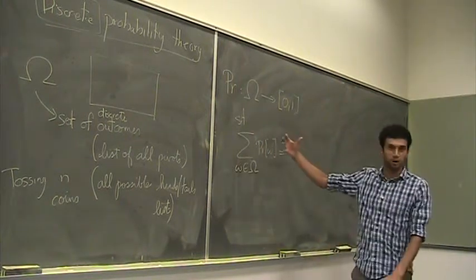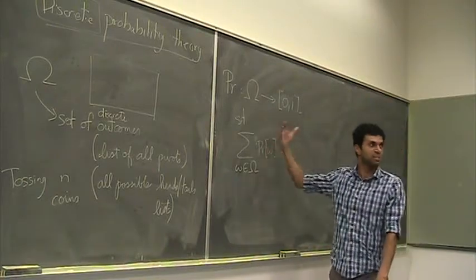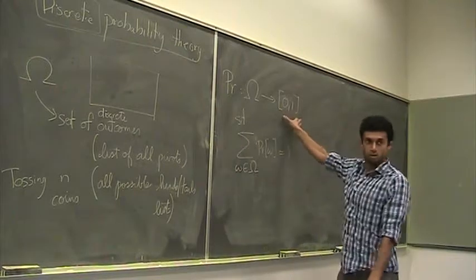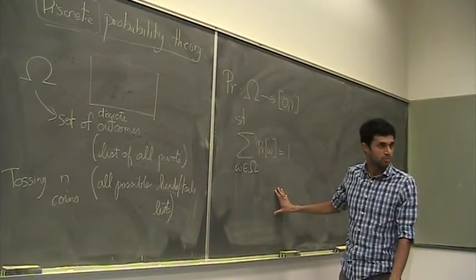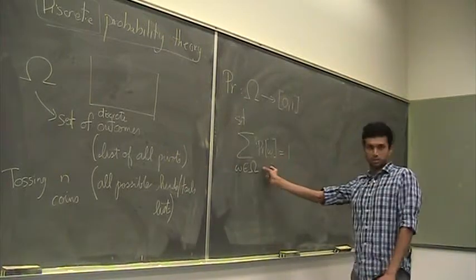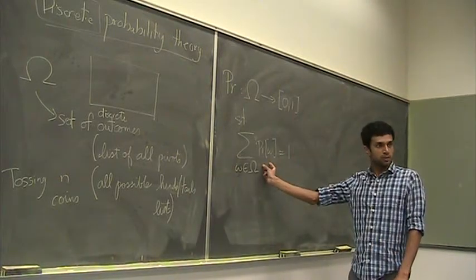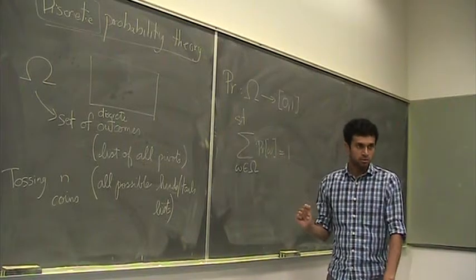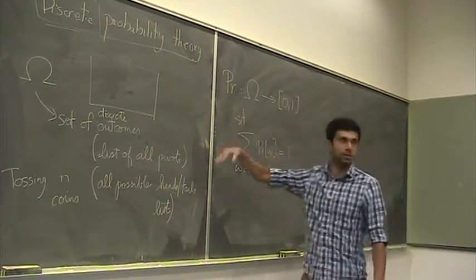Now, you never think of probability as a function, but actually that's what it is. It's a function from outcomes to this range. Does this make sense? So every possible outcome has a probability, and the sum of probabilities of all the outcomes is 1. That's what probability is. And if you get fancier, they'll call this a probability measure.